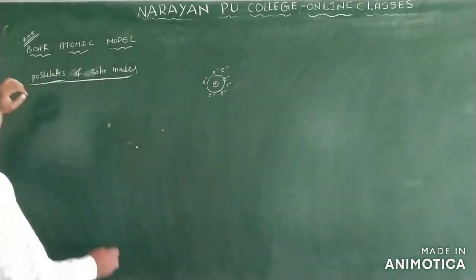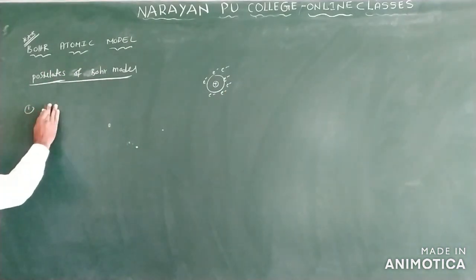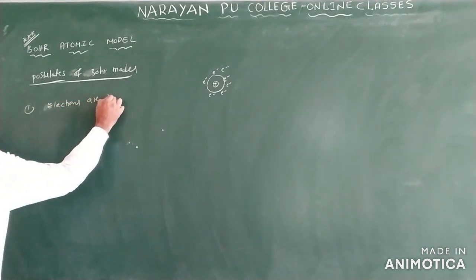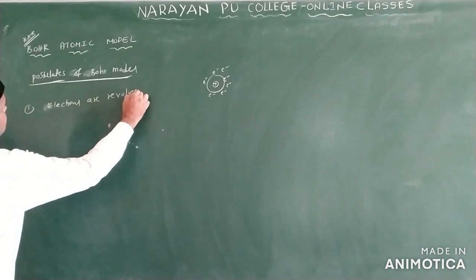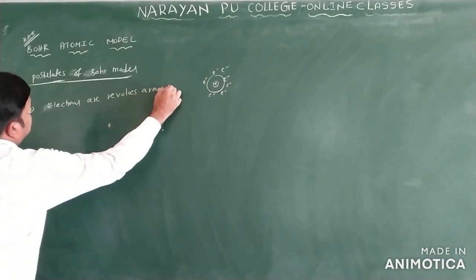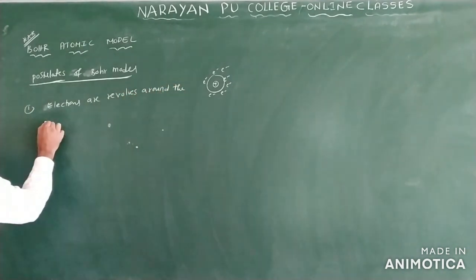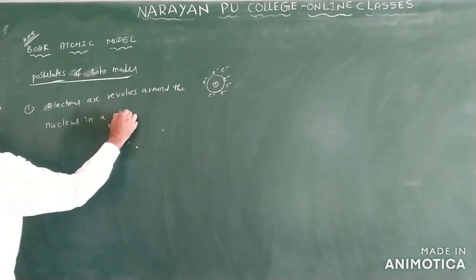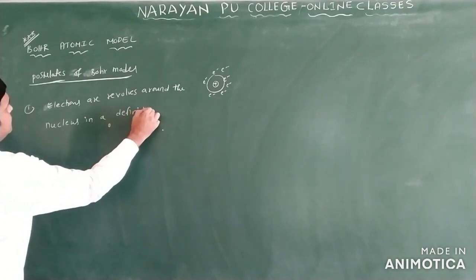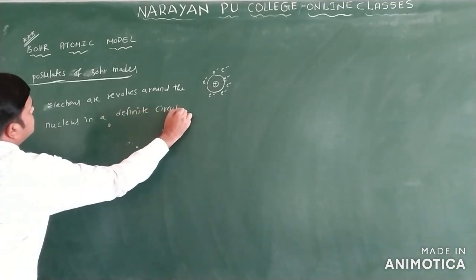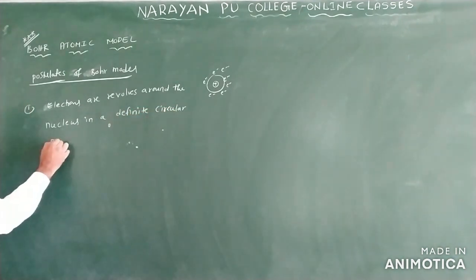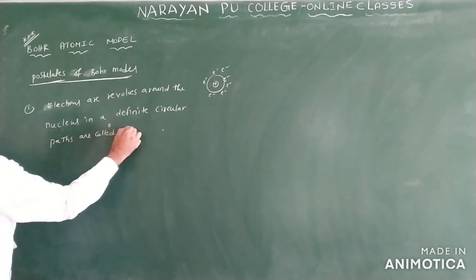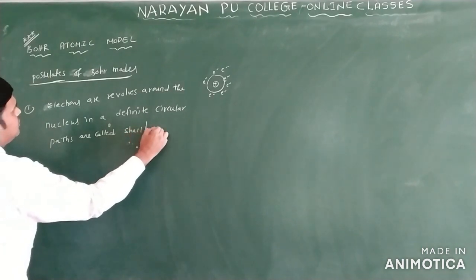This is the first point here: electrons revolve around the nucleus in definite circular paths. Definite circular paths are called shell or orbit.